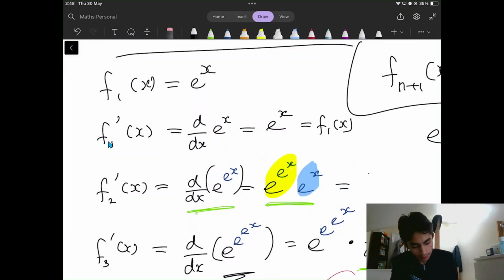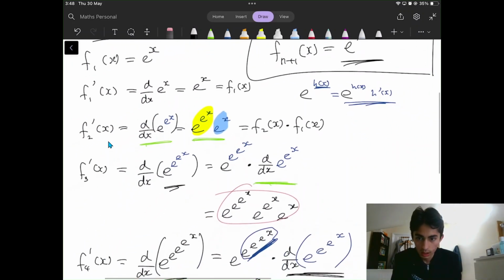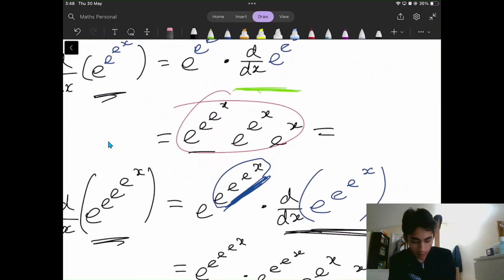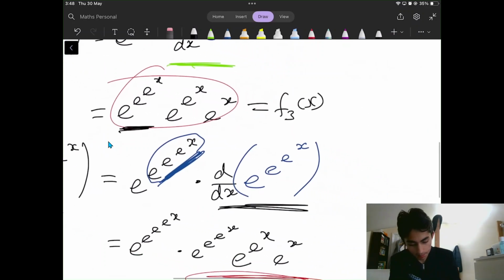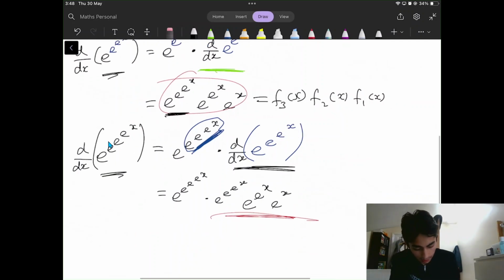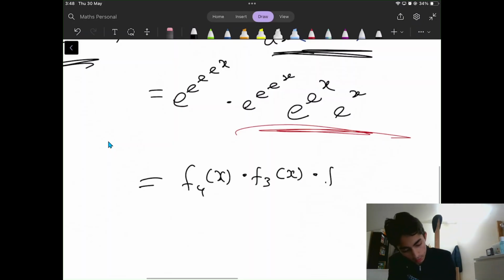So we have f2(x) times f1(x). I hope that's self-explanatory. The derivative of the third iteration is, well, here we have a power tower with 3 e's, so that's f3. Then we have the same power tower with 2 e's and then with 1 e, right? f2(x), f1(x). If we do the same thing for the fourth iteration, we get f4(x) times f3(x) times f2(x) times f1(x).